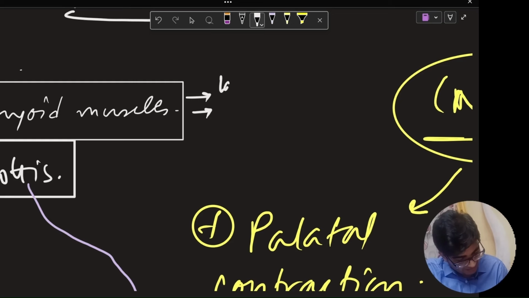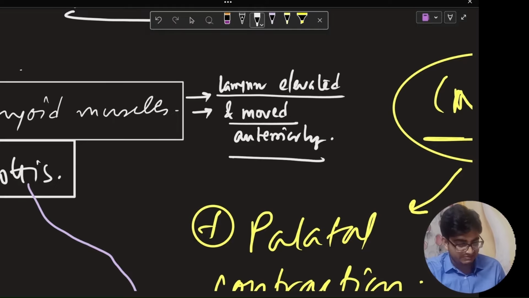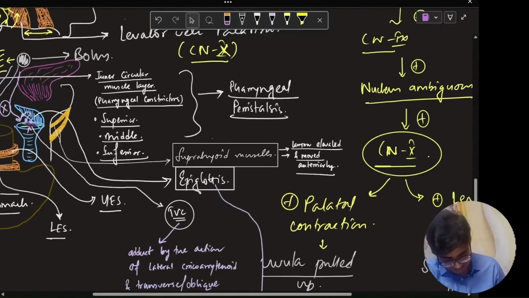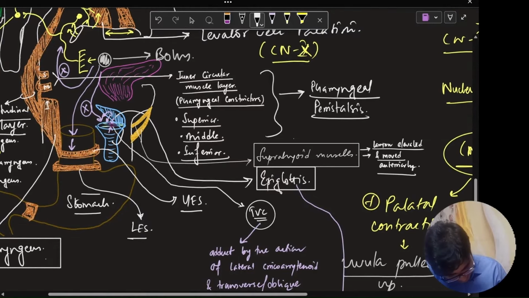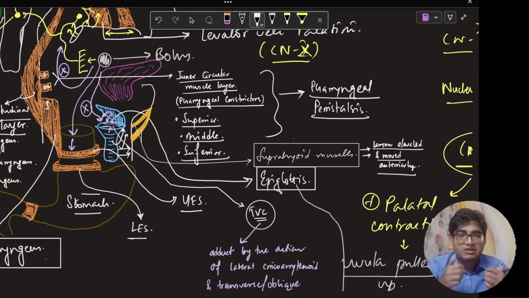So the larynx is getting elevated and moved anteriorly by the action of these suprahyoid muscles. So the larynx is elevated and moving anteriorly so that the constriction effect on the esophagus on the part of the pharynx is reduced. Correct? To facilitate food moving into the esophagus from the pharynx.